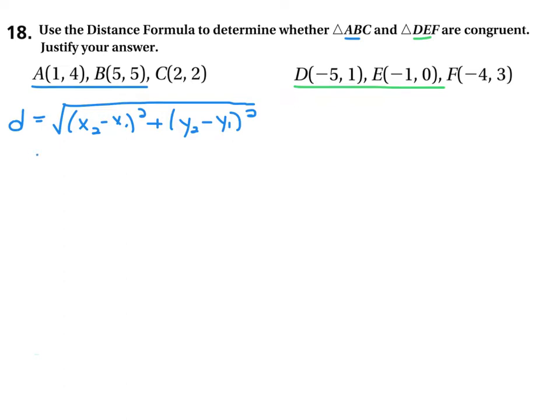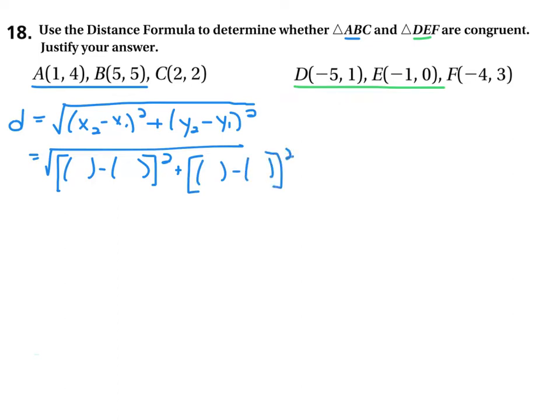I'm going to do that here. We're going to say the distance equals the square root of, and I'll put brackets because we're filling in values, x2 minus x1 squared plus y2 minus y1 squared. Then we have to identify what is y2 and y1.